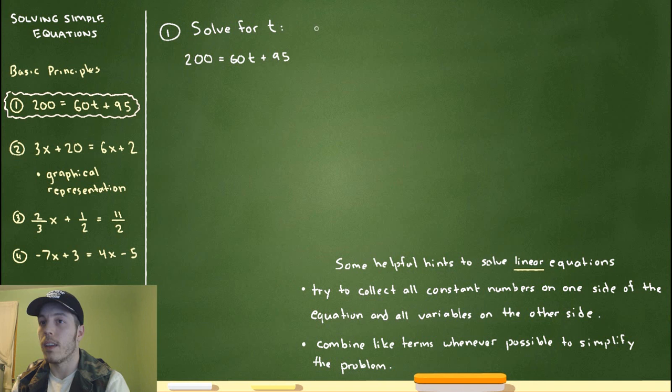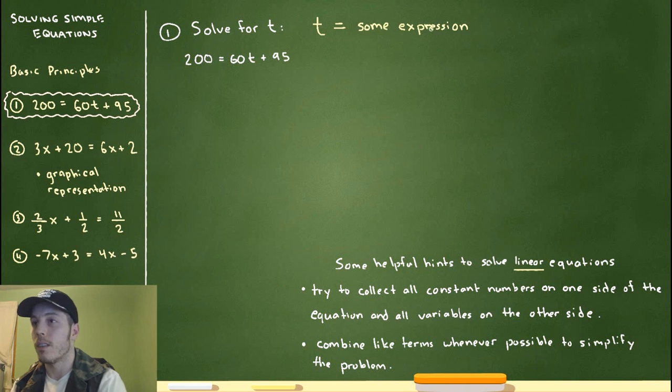So we want to solve for t, and what that means is that we want to obtain a statement that looks like this. We want t is equal to some expression. We don't really care too much about what this expression is in a math class here.